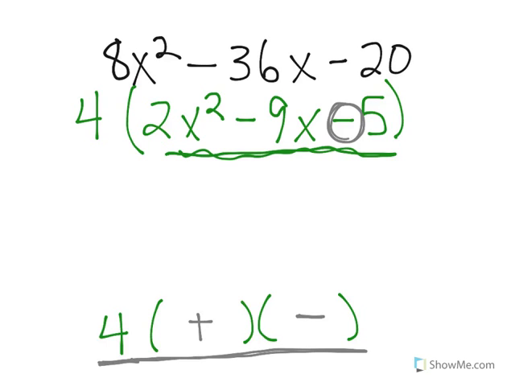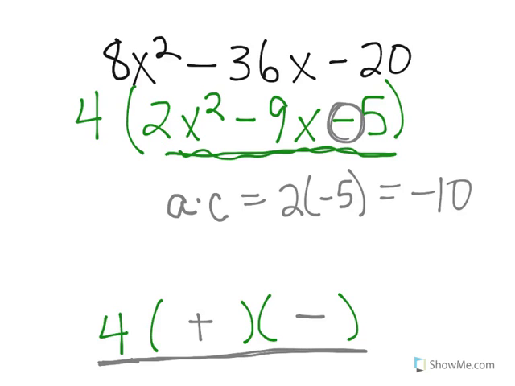So how do we get there? Let's look at 2x squared minus 9x minus 5. We're going to do the same first step here, a times c. So that is 2 times negative 5, which is negative 10. So my target is negative 10. What are my factors of negative 10 that add to negative 9?